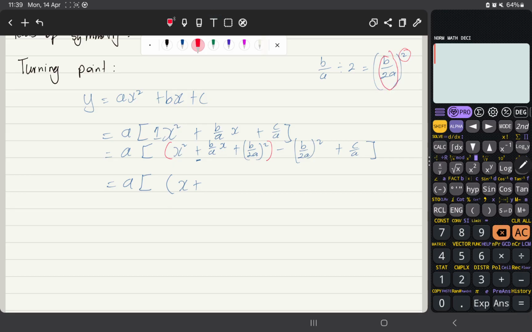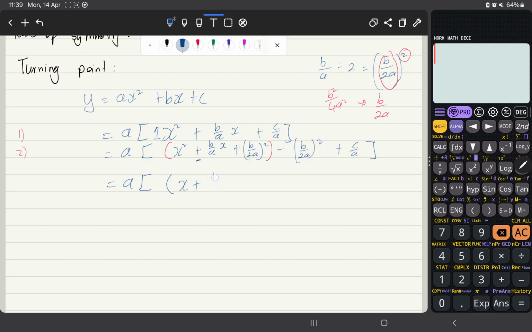I'll say this is step 1, step 2. If you wrote step 2 like b squared over 4a squared, then you have to write whatever you squared to get this, and that thing that you squared was b over 2a. So we're going to use it.